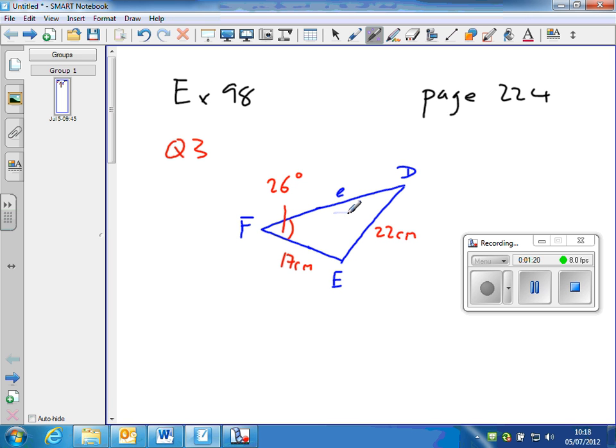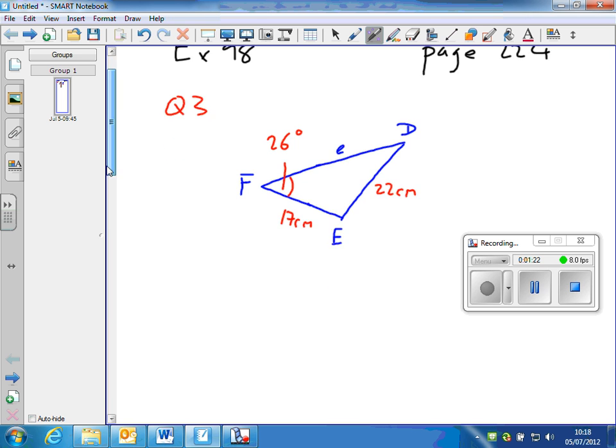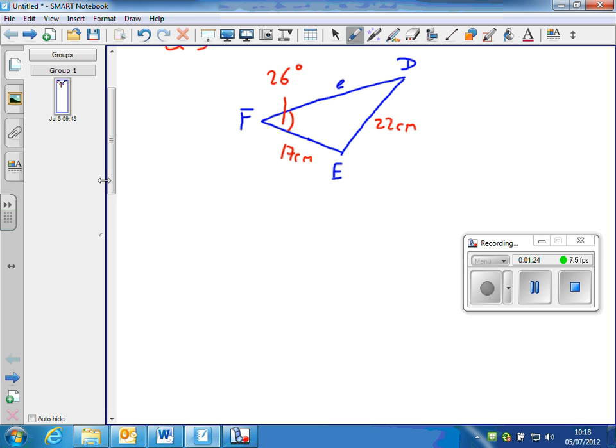So the sine rule is going to come in, and as we're after using that to find angle D, I'm going to write the ratio that way up. Sine D over the side, which is 17, equals sine of the angle we know, which is 26 degrees, over the side that we know, which is opposite that, which is 22.